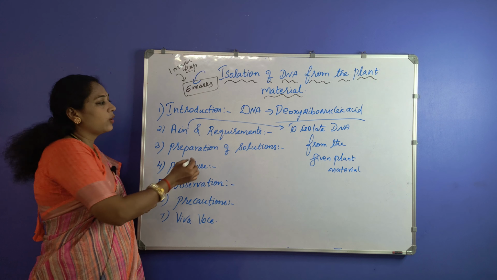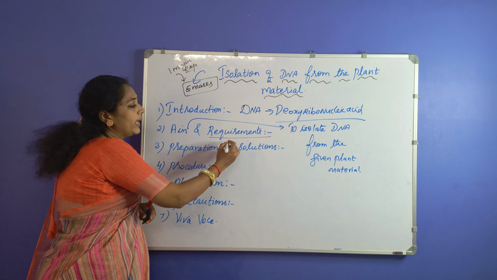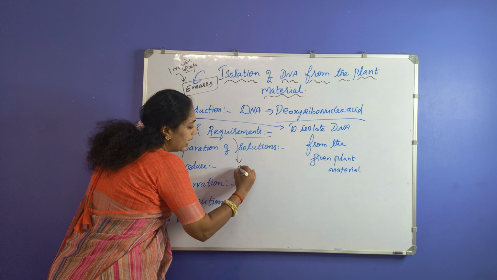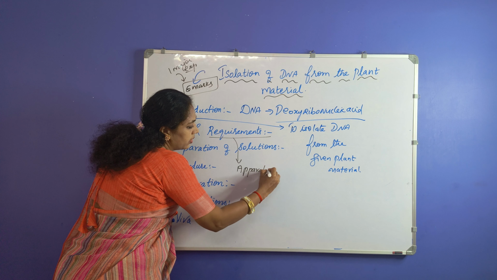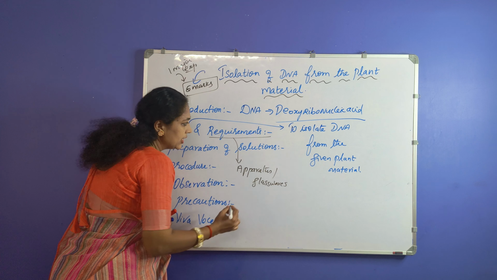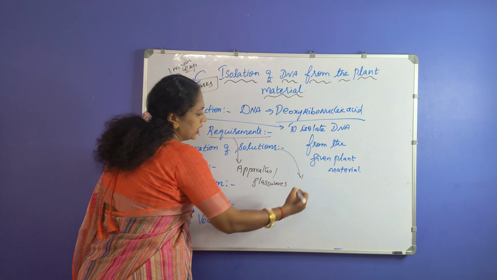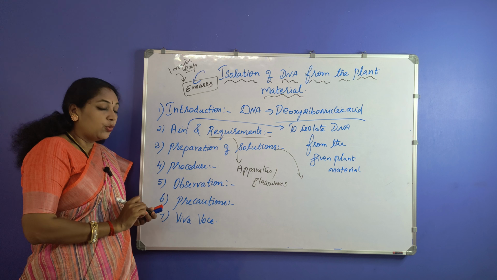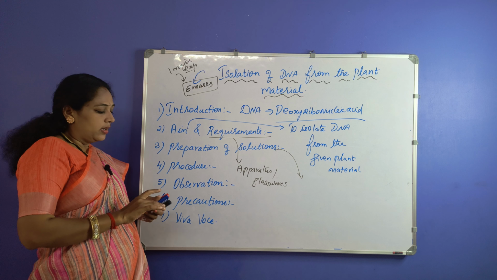Then comes the requirement. When I'm talking about the requirement, that includes the apparatus or the glasswares, as well as the solutions that are required to complete the practicals. So what are the materials that you require?